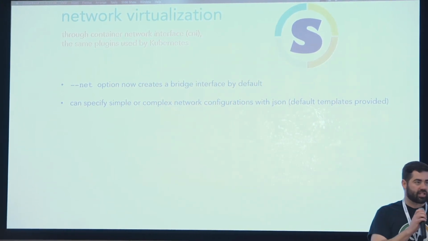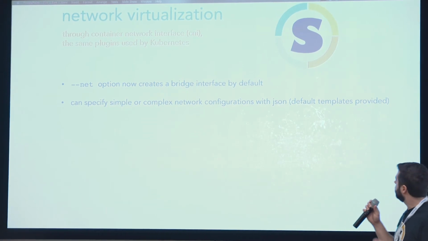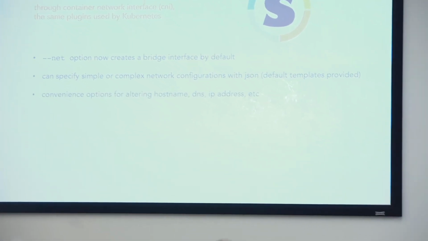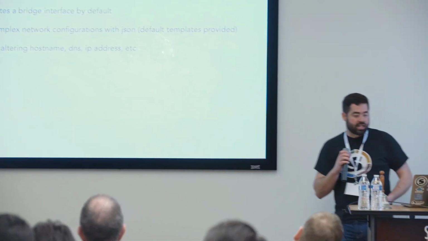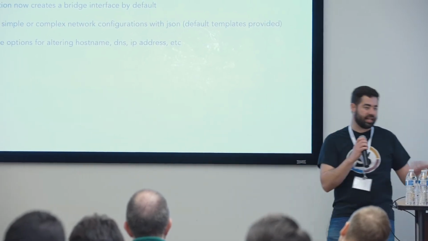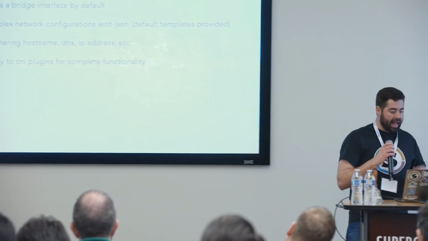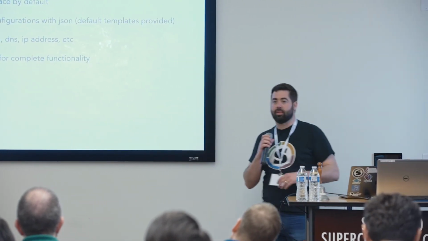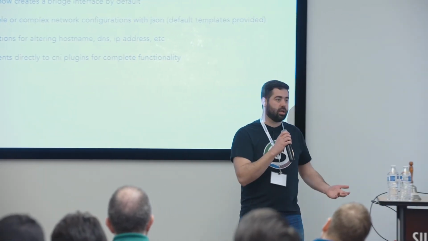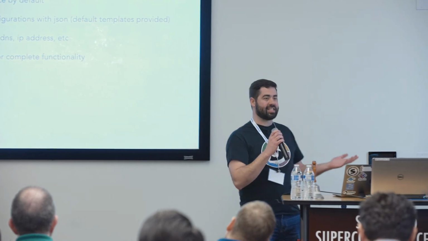You can specify really simple or really complex configurations. You do this with JSON files, and I'll show you some examples. There are also some convenience options for altering the host name inside the container, or the DNS, or whatever. And finally, you can pass arguments directly to the underlying CNI plugins. So really, anything that CNI can do, you can do through Singularity.